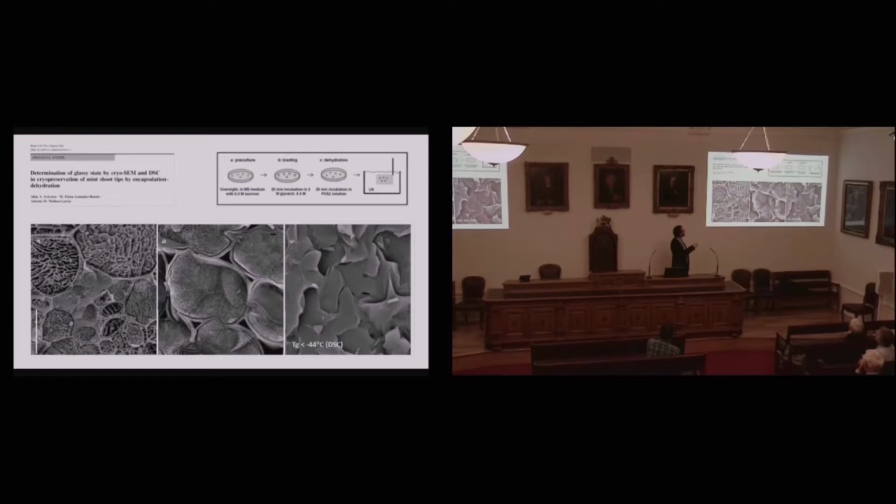They said that these black pockets here were due to ice crystal growth, and you can see that the cytoplasm is completely destroyed.